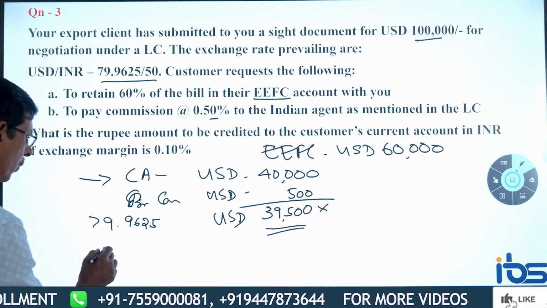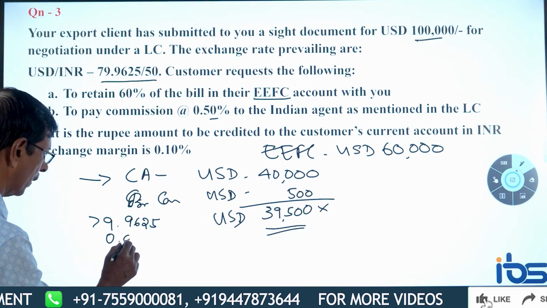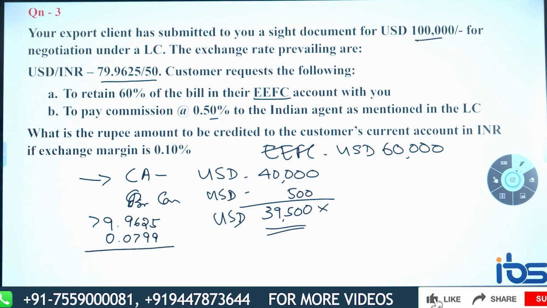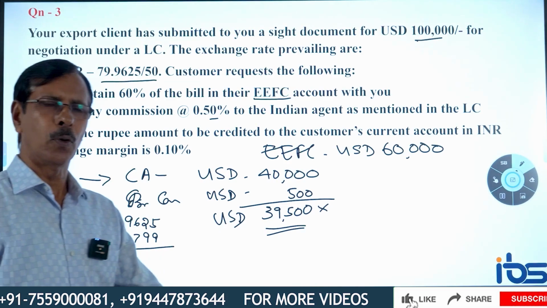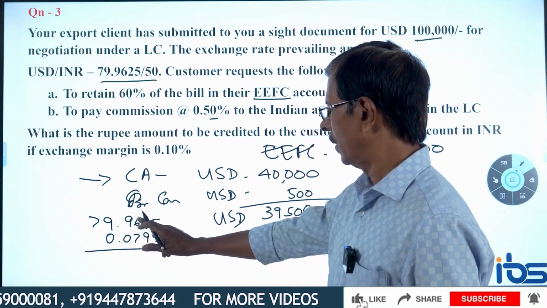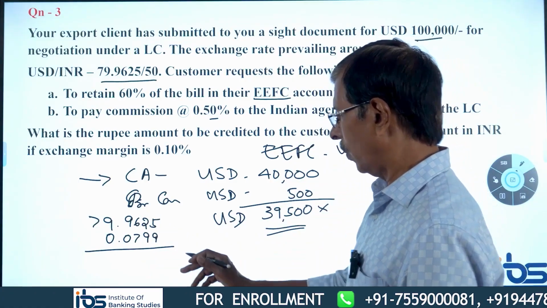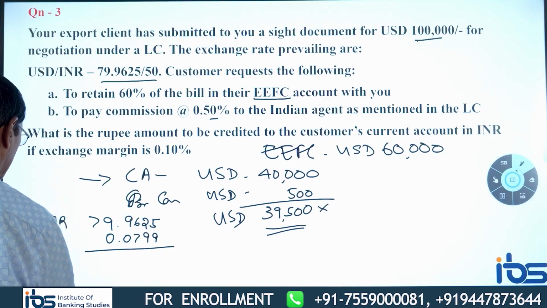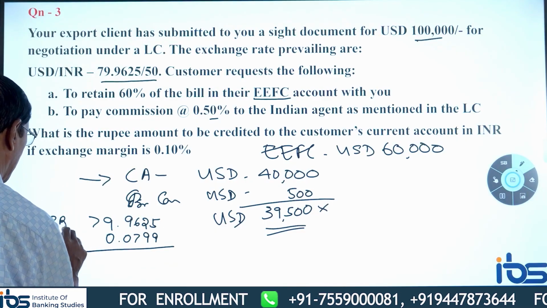So calculate 0.1% of this, 0.0799. You have to write in 4 decimal, 0.0799. Now, this is the buying rate and this is the margin.